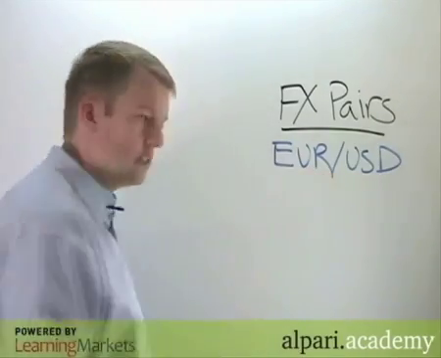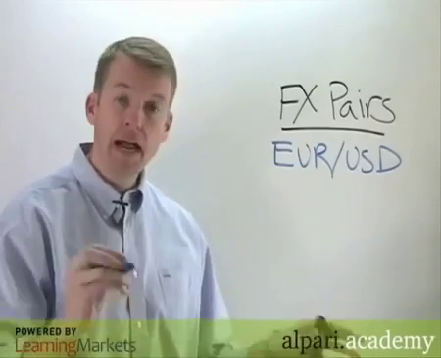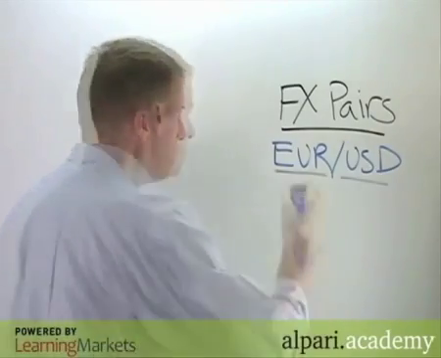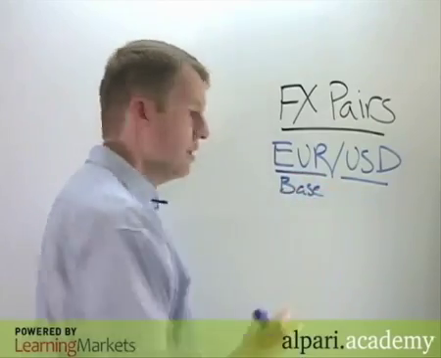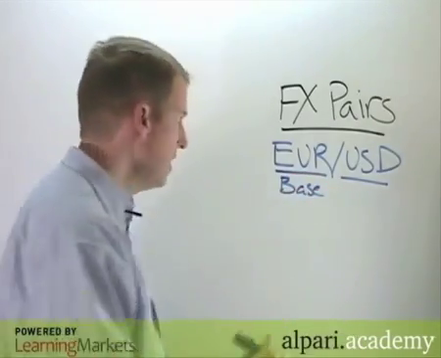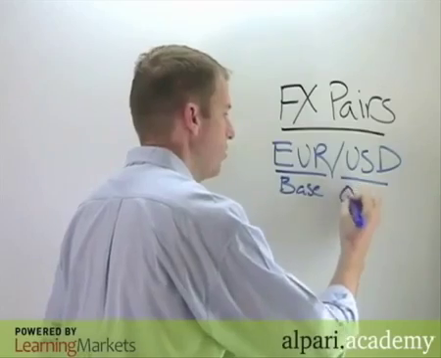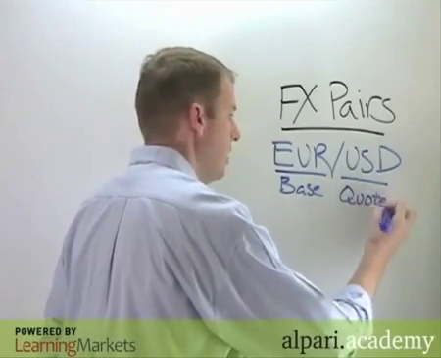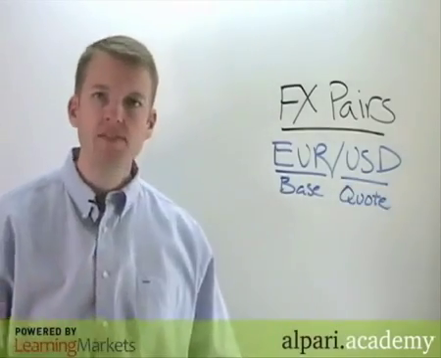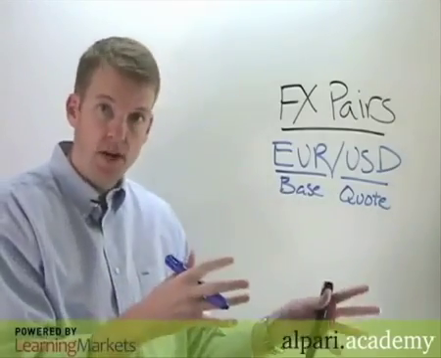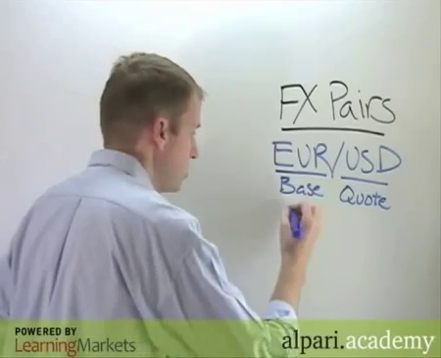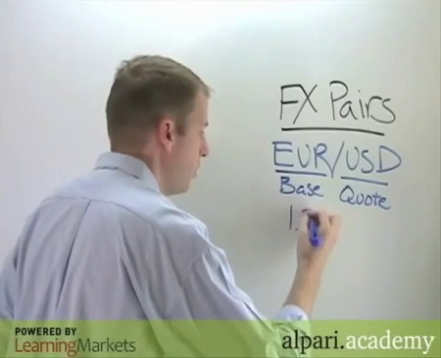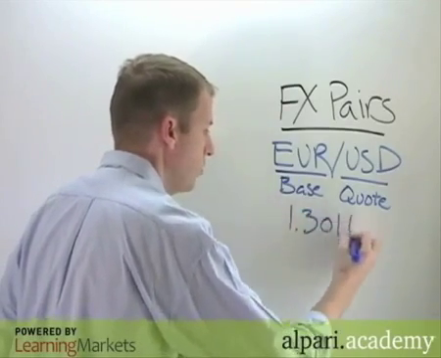Now the Euro USD, there are a couple of things that you need to understand about how a Forex pair works. The first currency here is called the base. The first one in the quoted pair is the base currency, and the second one is the quote. Now, in this case, what this really means is when you're looking at the exchange rate, which, for example, on the Euro USD, right now is at about 1.3011.